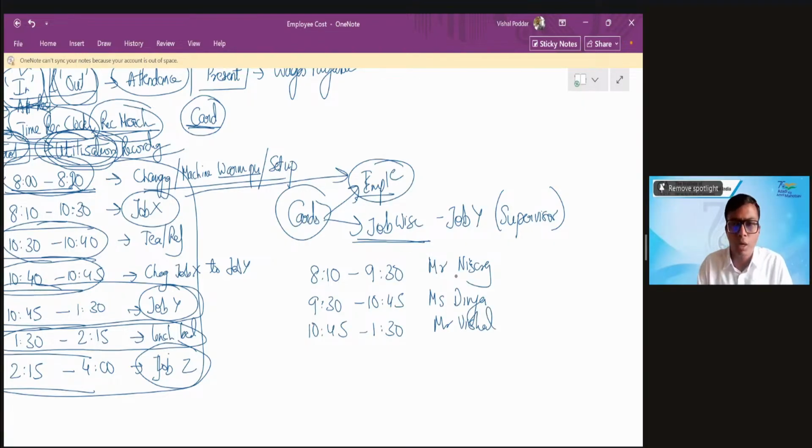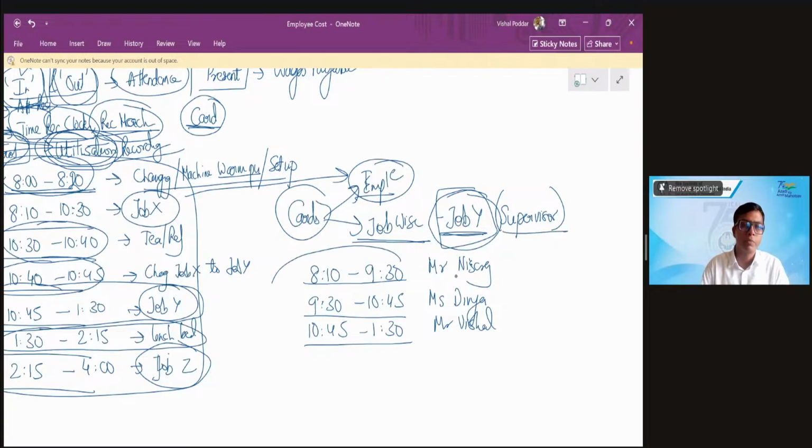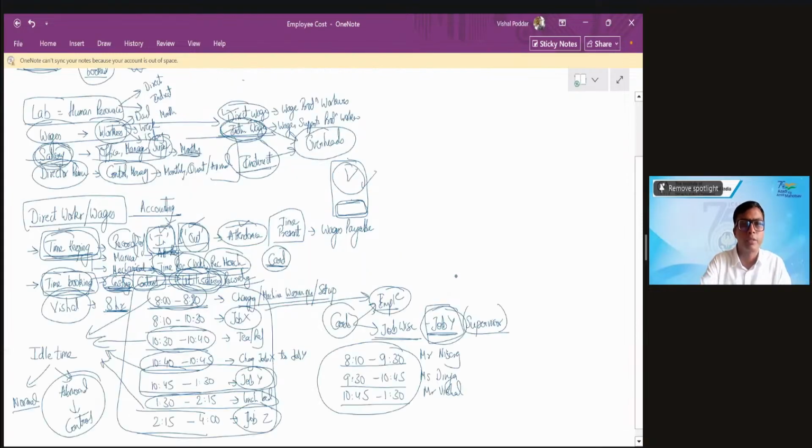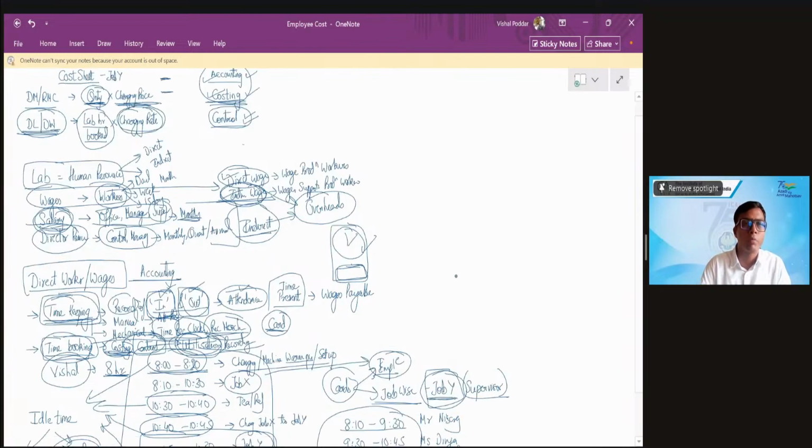So this is how a job card is maintained for each job, where again the time is booked, reported, and recorded for that job. And this reporting is done by the supervisor. How does it help? This total time is what will be used ultimately in your cost sheet. In the cost sheet, you require the total labor hours booked.